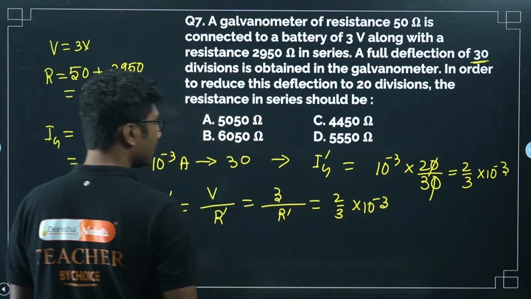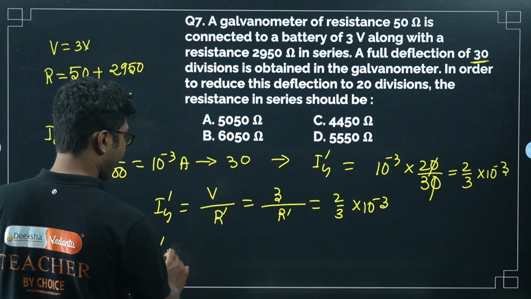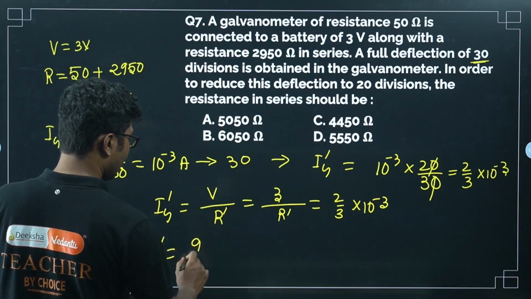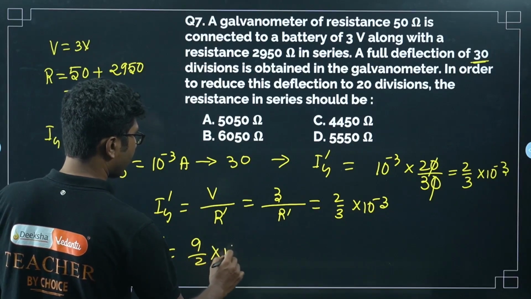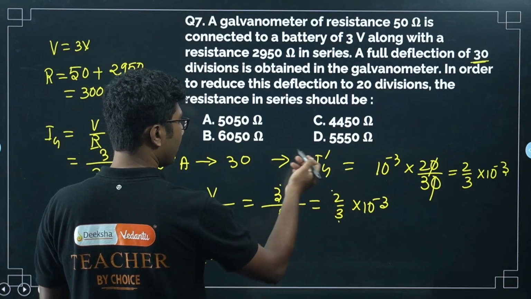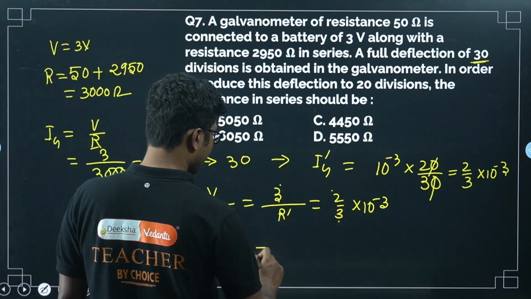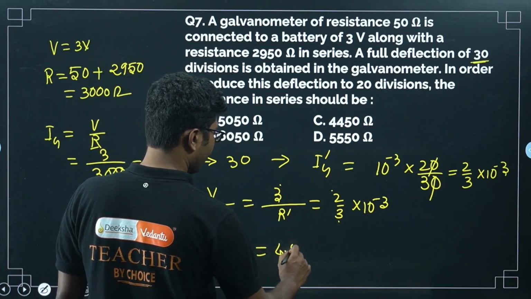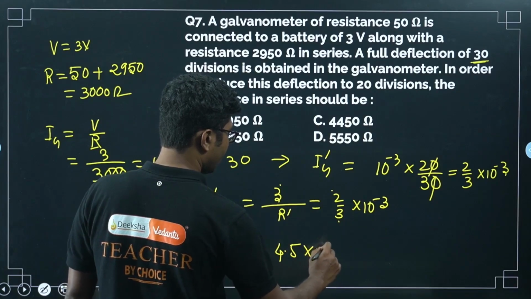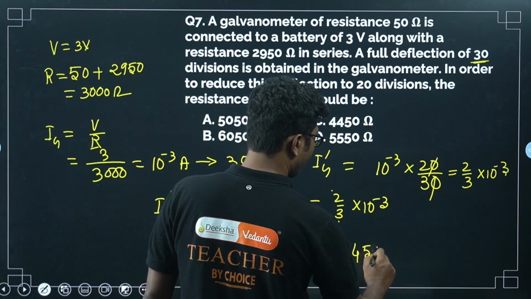Now let's do the cross multiplication. So R dash equals 9 by 2 times 10 to the power of 3. Cross multiplication, it will come up, this will come down, but minus, that means it will go up and become positive. Simple. 4.5 times 10 to the power of 3, that is 4500.